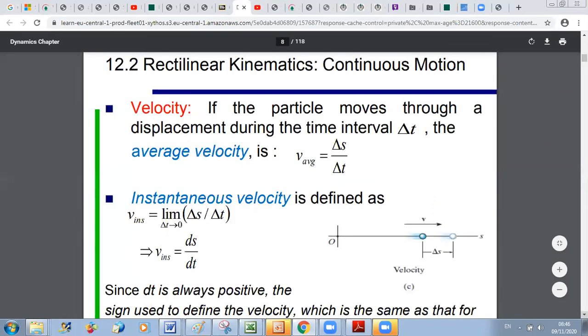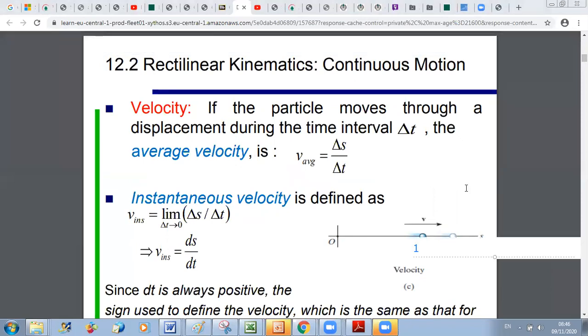Now, to calculate the velocity, we have several definitions of velocity. We have average velocity and we have instantaneous velocity. First, what do I mean by average velocity? If you look at the figure here, this is point 1, this is point 2, and you are moving from 1 to 2.